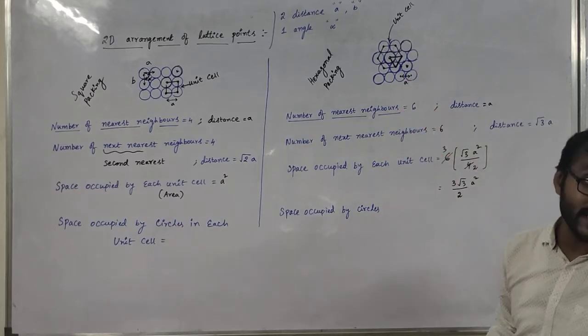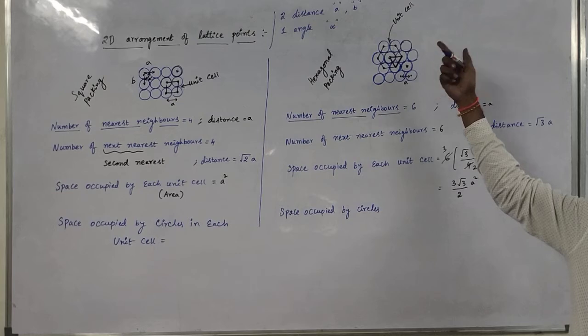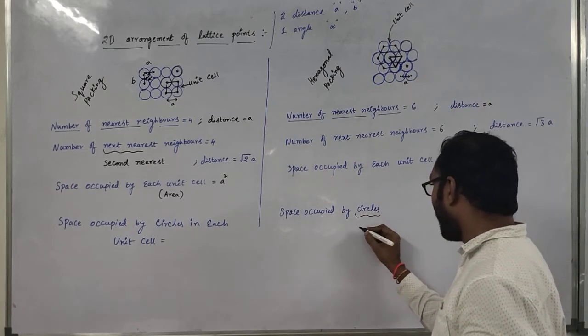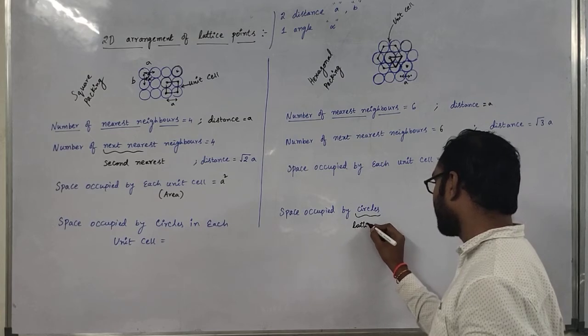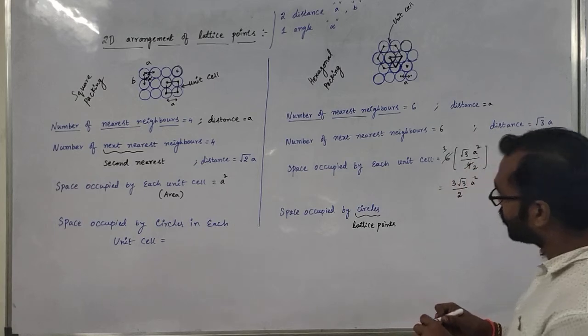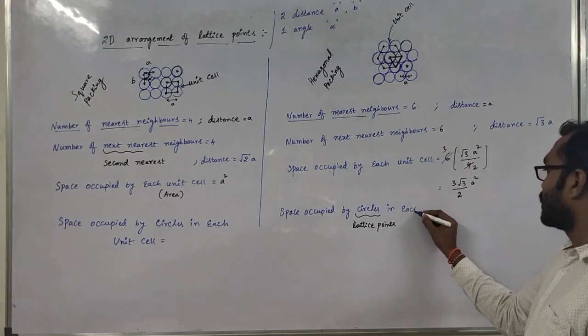These circles are nothing but lattice points. Circles are the repeated units, no? So circles are the lattice points, right?